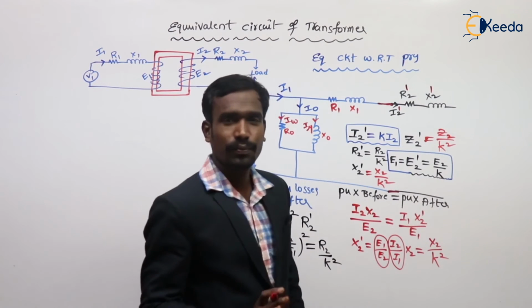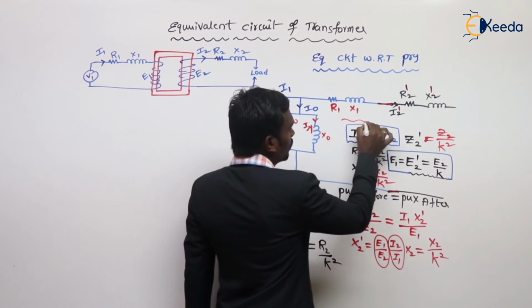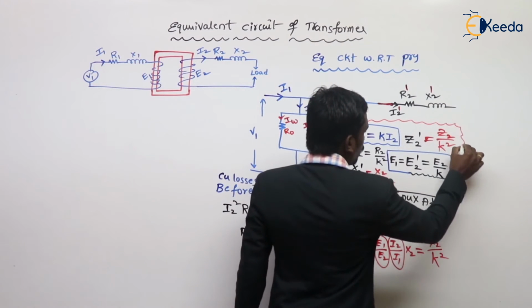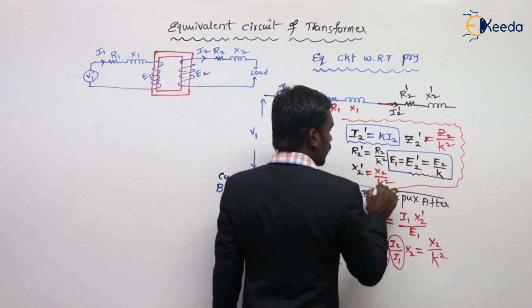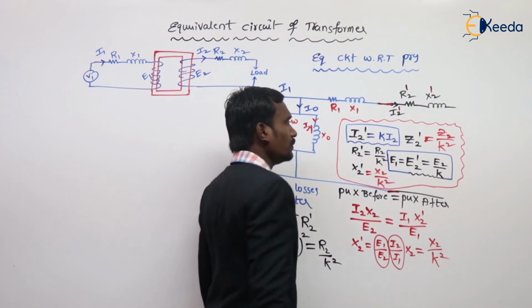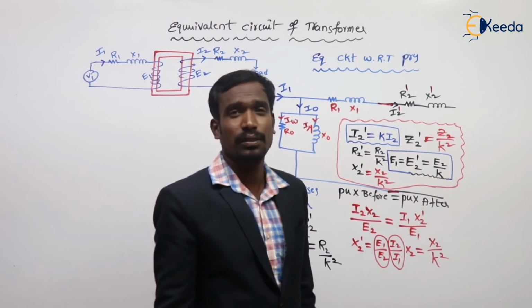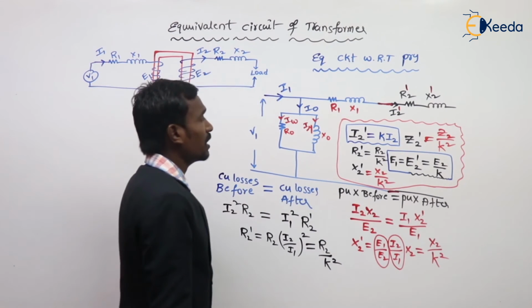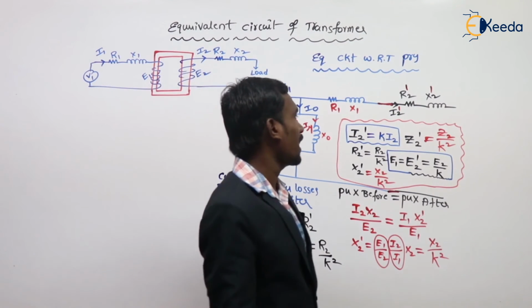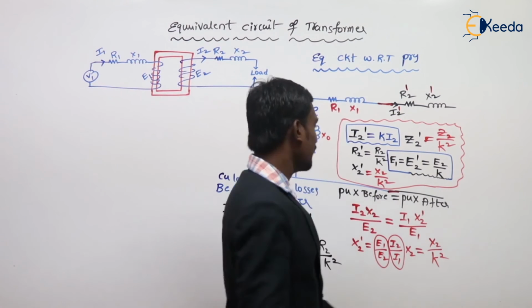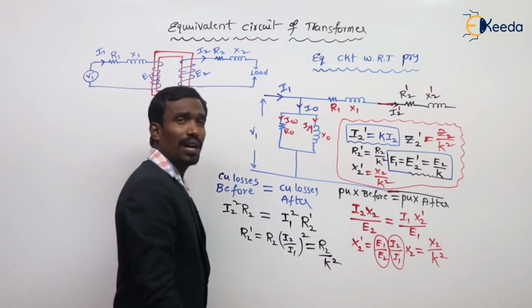Everything is the same. So the new and very important words are these, I have to remember these words for problems: I2 dash, E2 dash, R2 dash, X2 dash, Z2 dash. And its calculations also I gave you.